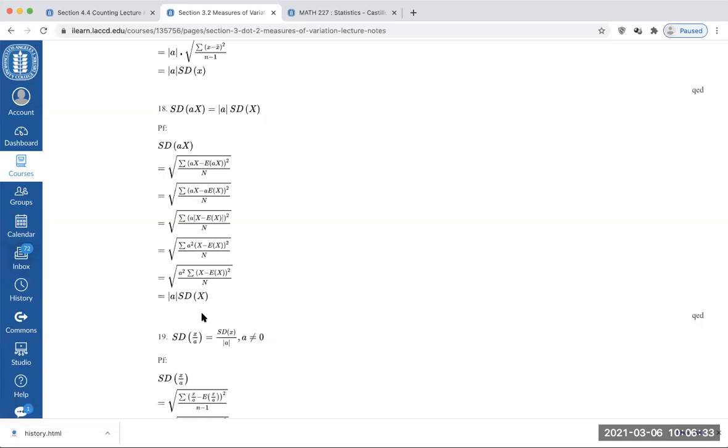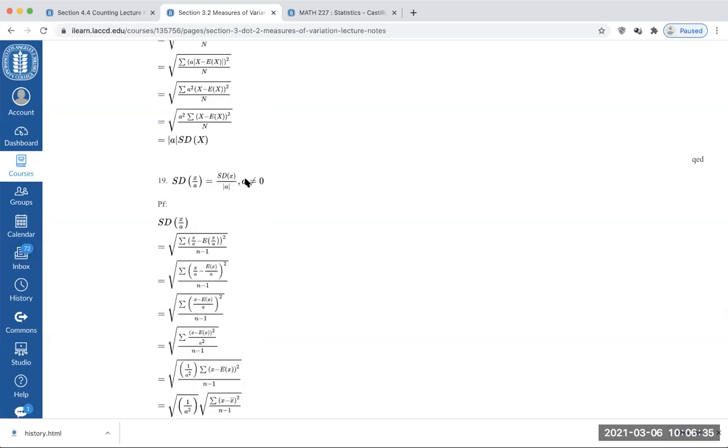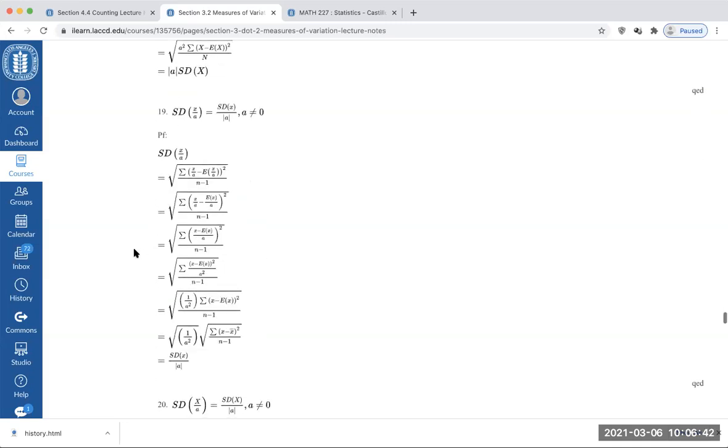Next, the standard deviation of x over a is the standard deviation of x divided by the absolute value of a. So again, so long as a is not equal to 0. So the standard deviation of x over a is the square root of the sum of x over a minus the expected value of x over a quantity squared divided by n minus 1.